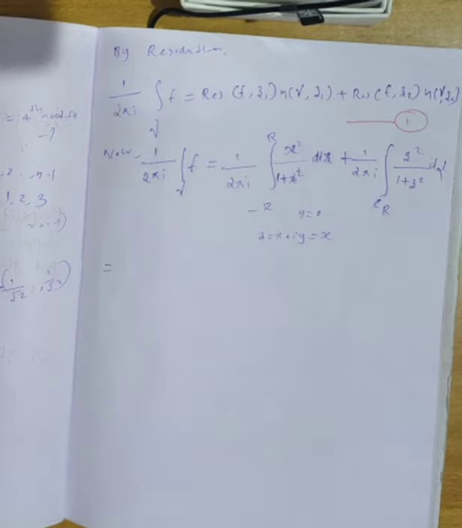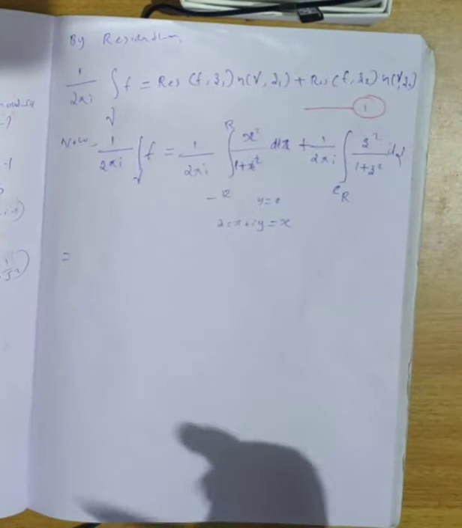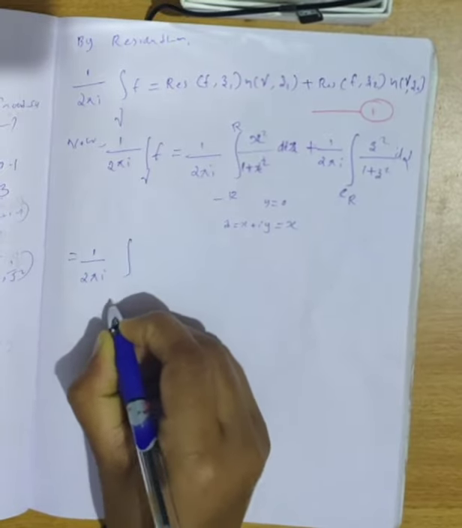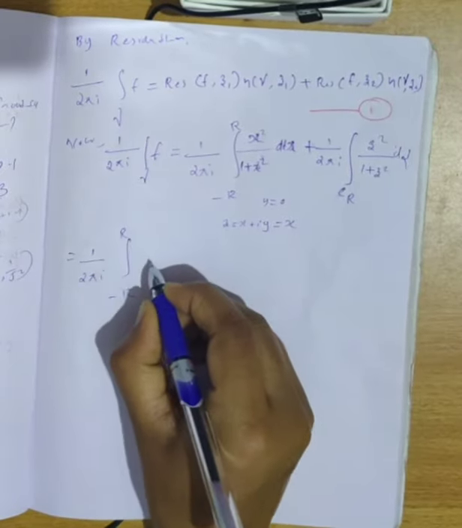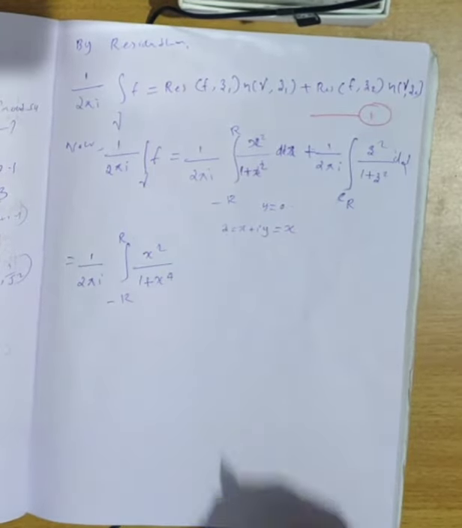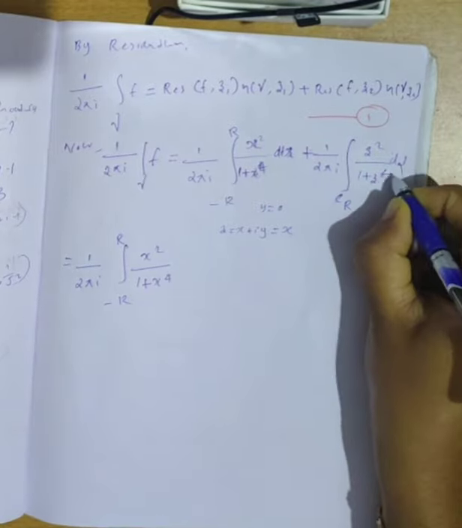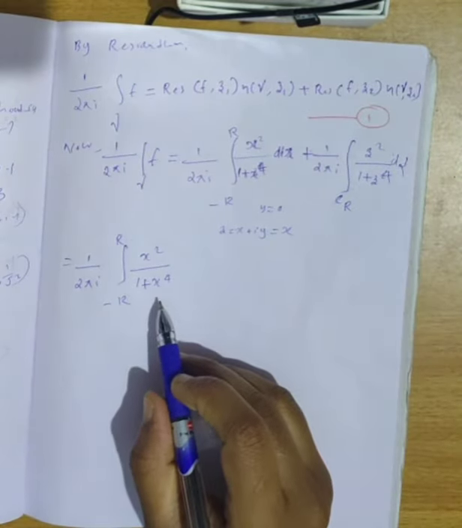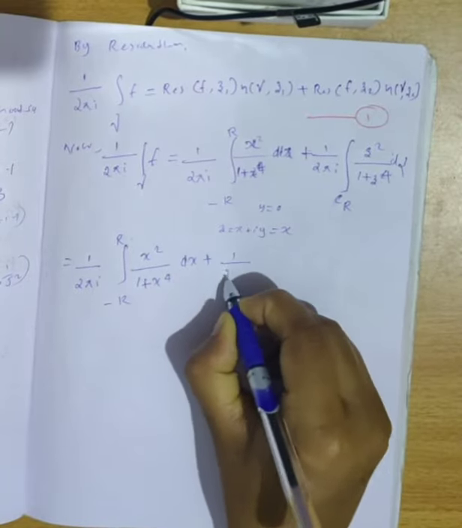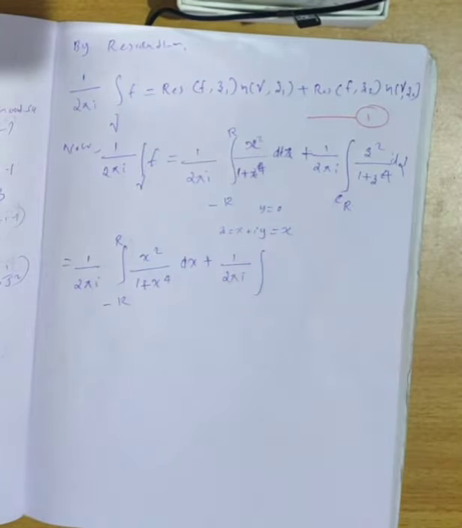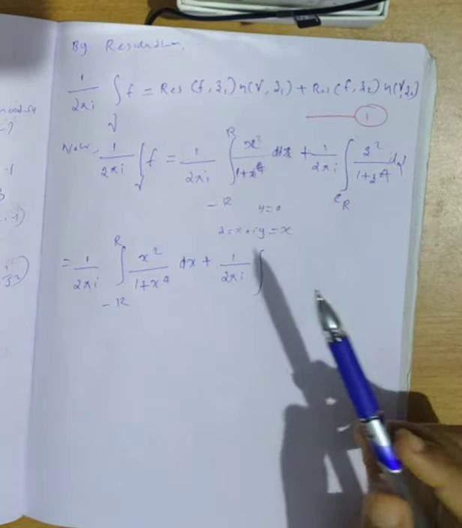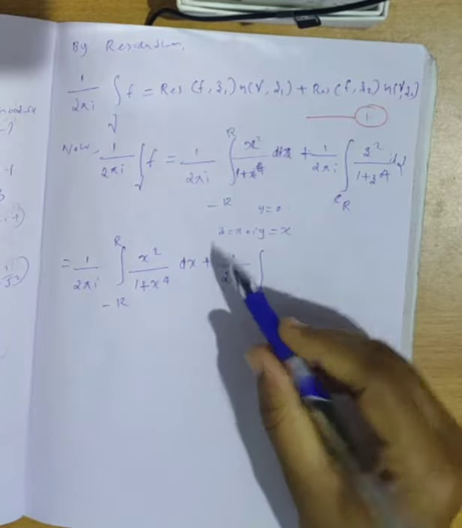Now this is equal to 1 by 2 pi I integral from minus r to r of x square divided by 1 plus x raised to 4 dx, plus 1 by 2 pi I integral over the semicircle from r to minus r, which implies the integration from 0 to pi.